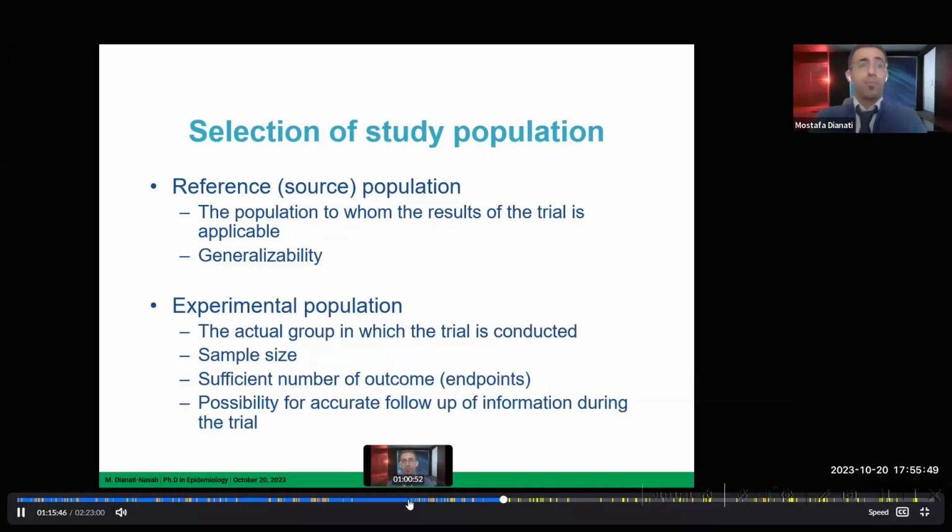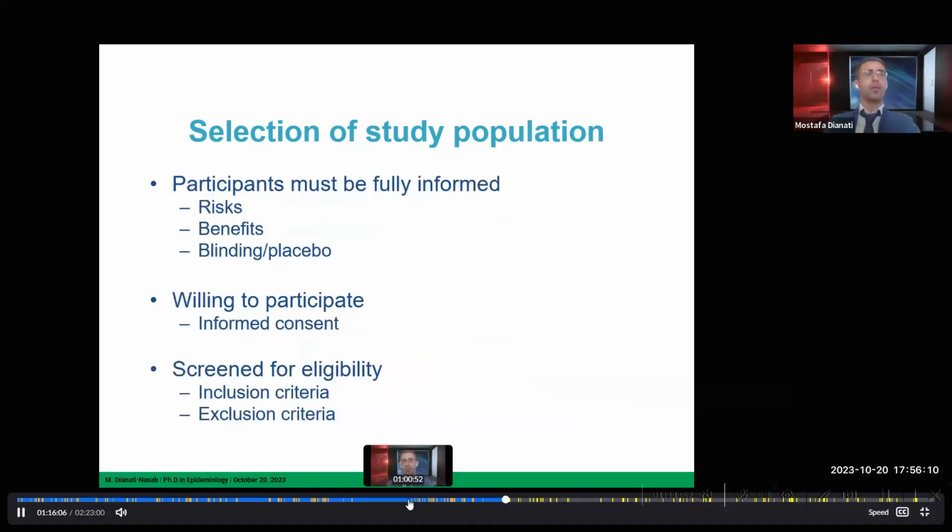Also for RCTs, please bear in mind that you need to have a clear definition of your endpoints. For example, recurrence of the disease, or cure or relief of the symptoms, and so on. Let's go ahead.